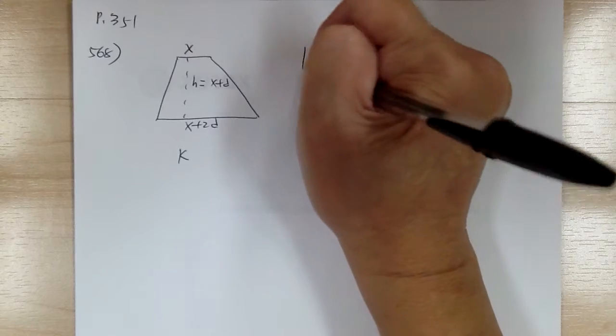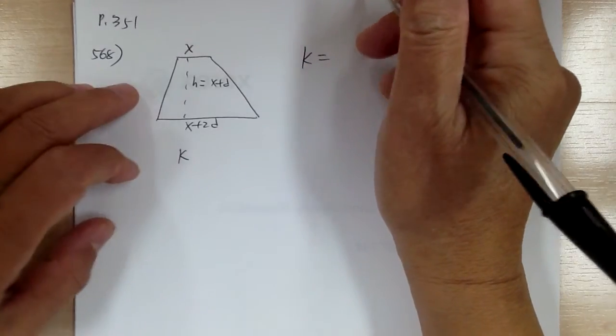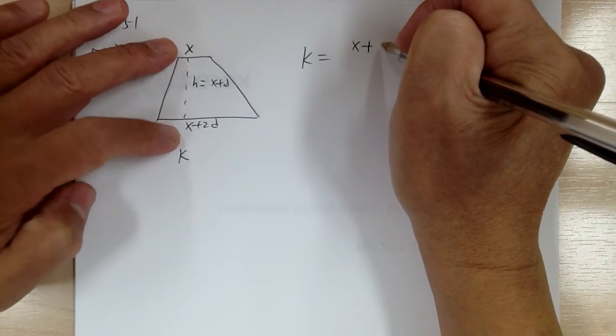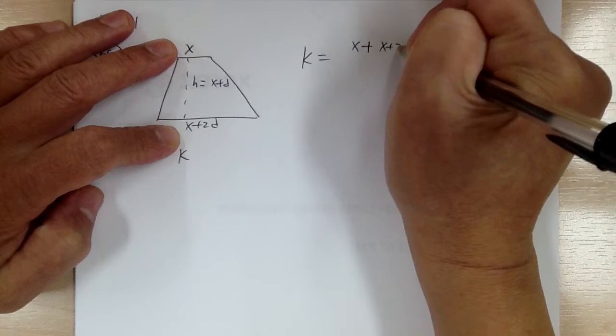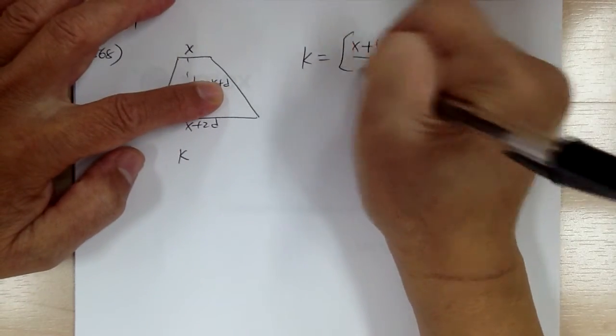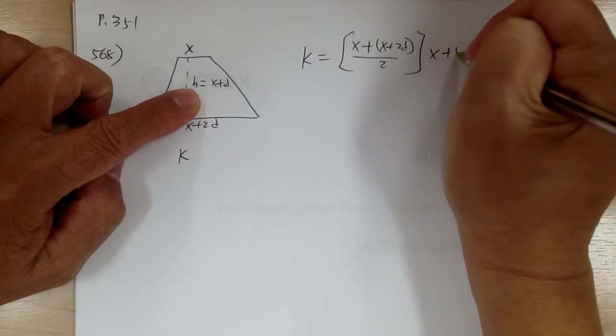The area of a trapezoid is equal to the bottom base plus the top base, over 2, so that gives you the average, and you multiply by the height, which is x plus d.